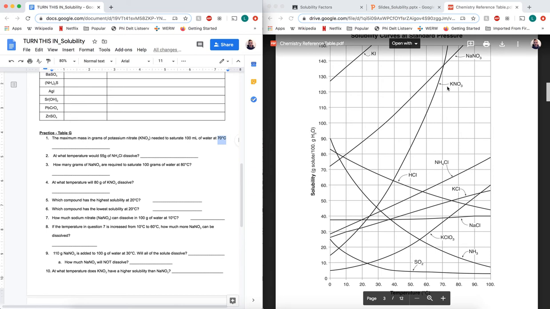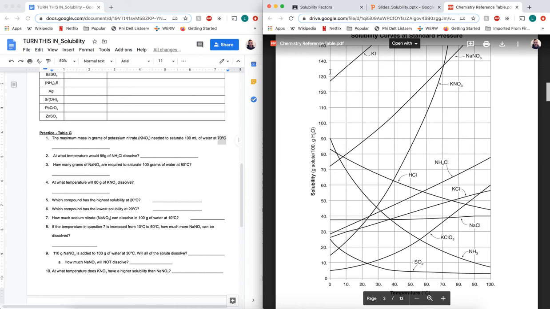And we want to saturate 100 milliliters of water. Well, milliliters of water and grams of water are both 1. It's a direct conversion. So we're just going to find the line on this table. So 70 degrees, and we want to find where this line, the KNO3 line, crosses 70. That's at about 133. Say 133, 134.